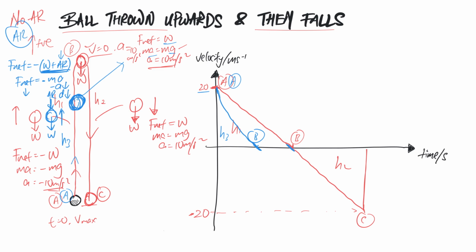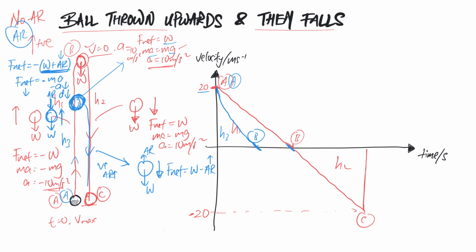Next, as the ball is coming down, let's draw the free body diagram. The ball is going down, the weight is down, and the air resistance is against the motion, so it's upwards. So the net force will be your weight minus air resistance. As the ball is coming down, the speed increases and your air resistance will be greater.